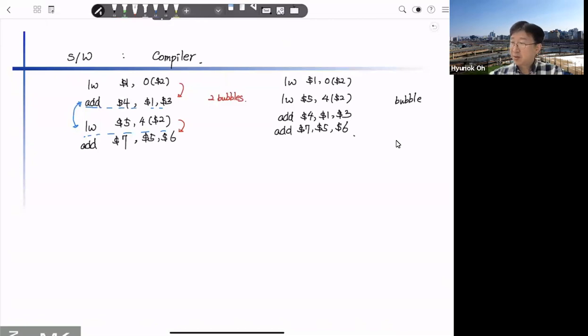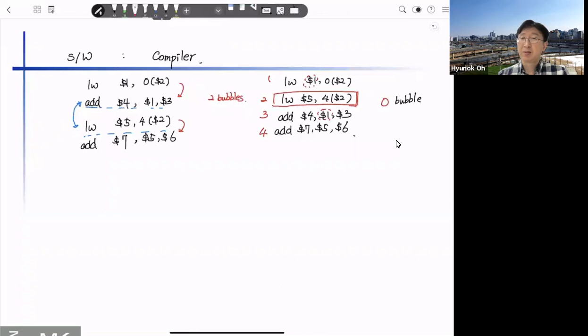There is a dependency between this one and here, but there is some instruction in between. If this instruction is not available, then we have to wait and pay a bubble. But here this can be executed, so we don't need to pay any bubble between the first and third instruction. And between the second and the fourth, we don't need to pay a bubble either, so 0 bubbles.